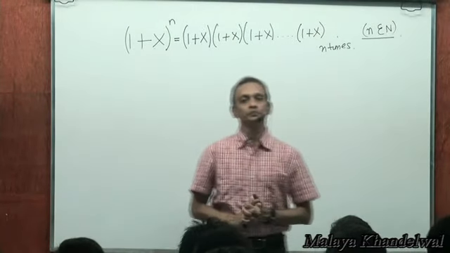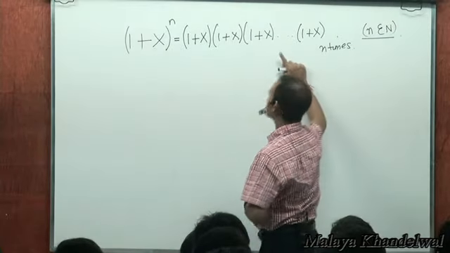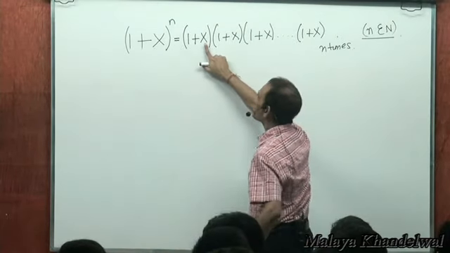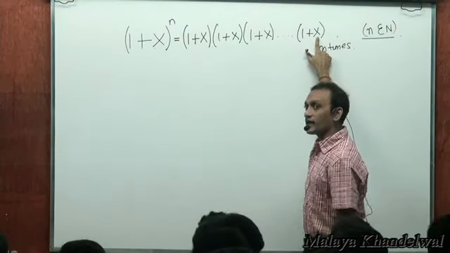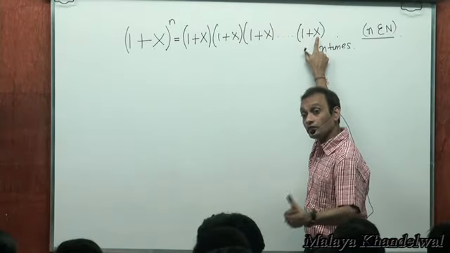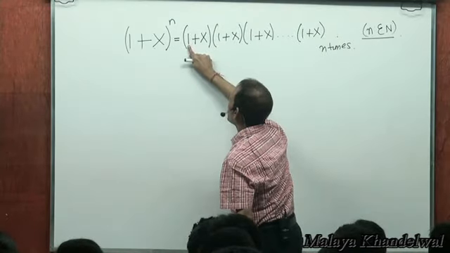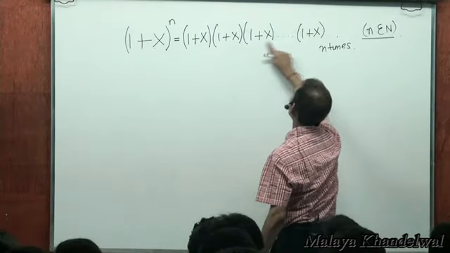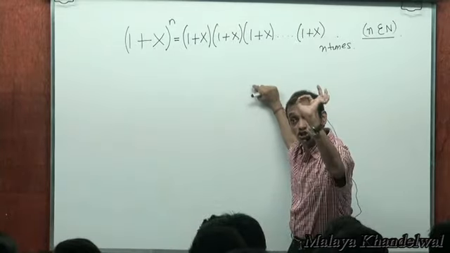Now, when I multiply this out, do you realize that x into x into x, x to the power n, the highest power of x is n. And then 1 into 1 into 1, that is x to the power 0. The lowest power of x is 0.